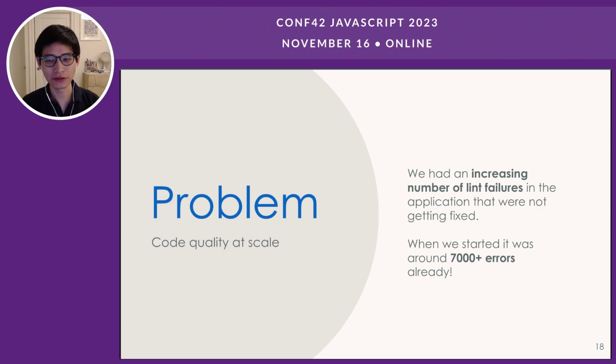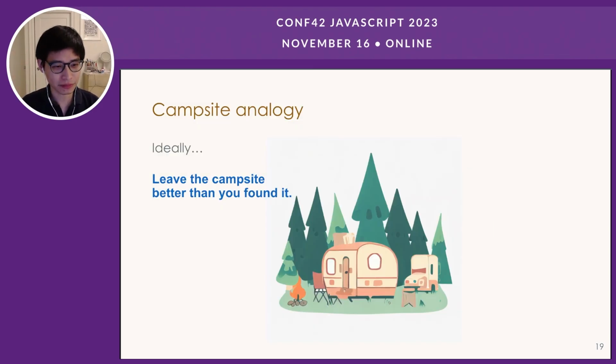And no one's really fixing it, right? It's just ever increasing. So ideally, we do the campsite analogy where you leave the campsite better than you found it. If you write a PR, you see a file, you see a lint failure, you fix it as part of your PR, and then over time, we get to a place where the number of lint failures goes down.